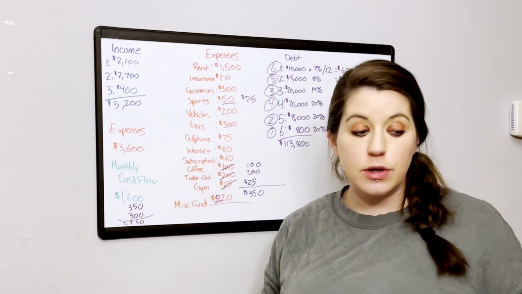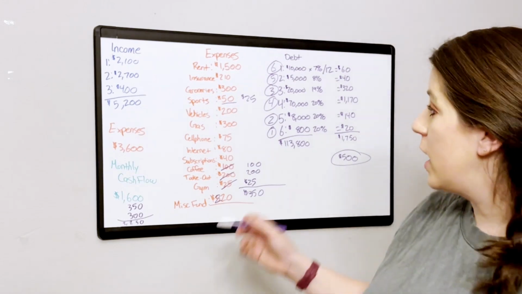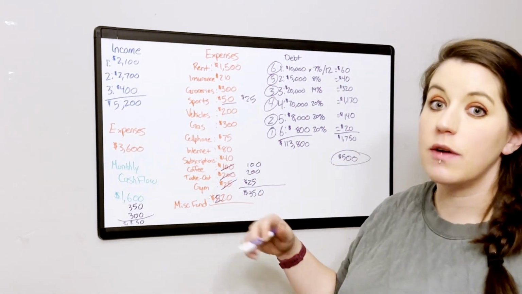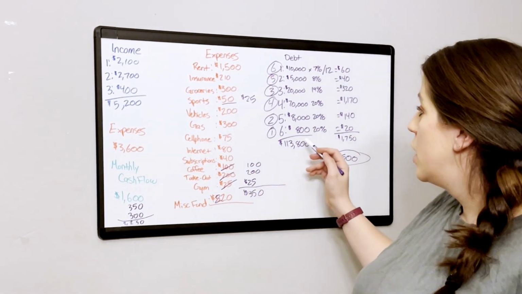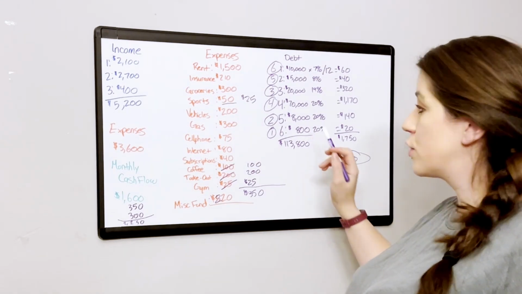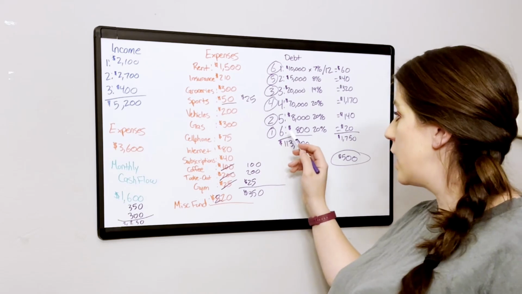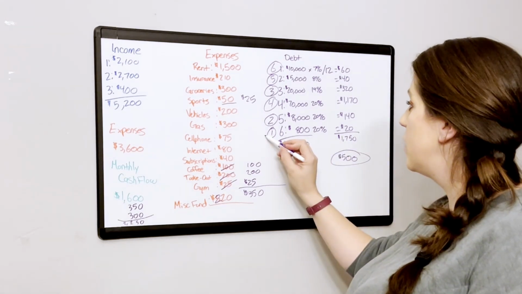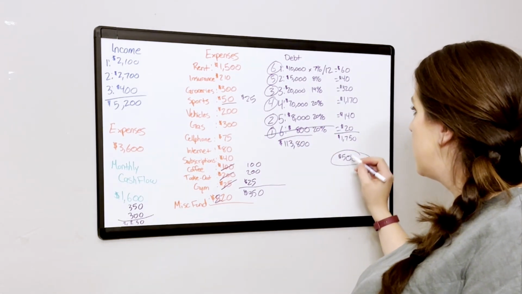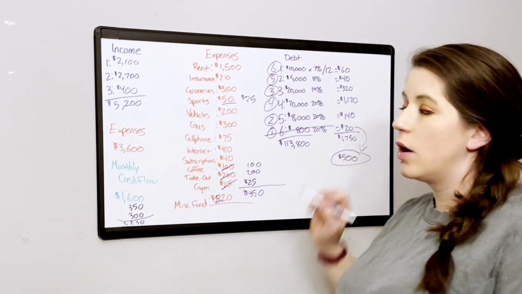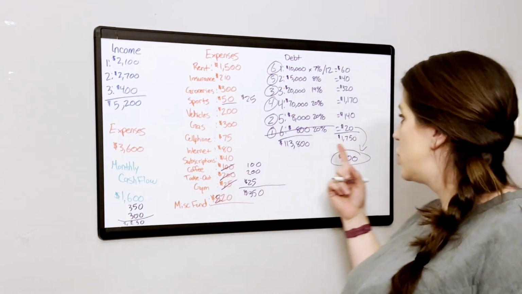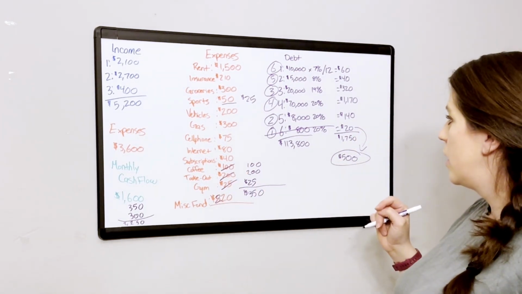However, the good news is that as you pay these balances off, you free up more cash flow. So within the first 2 months of having the $500 to pay onto their debt, they would actually eliminate this amount, and then the amount that they pay on interest goes to that amount.